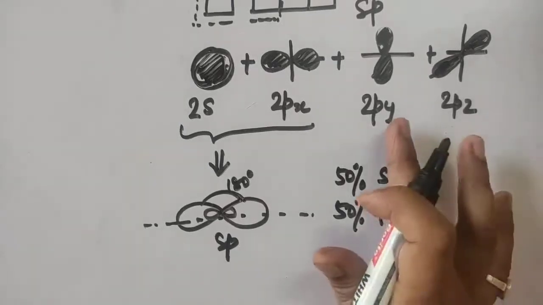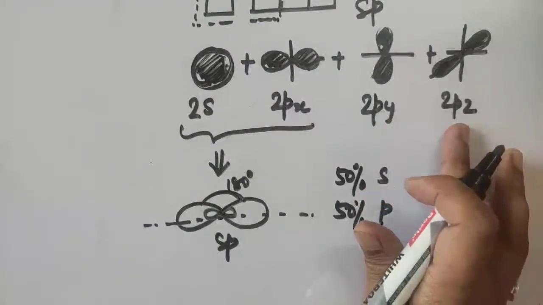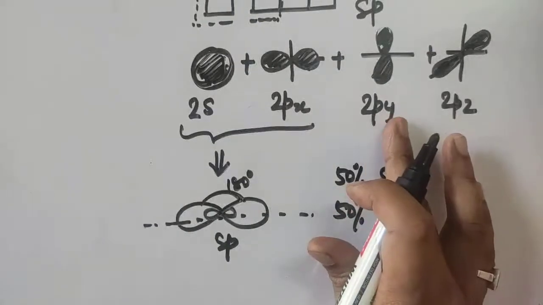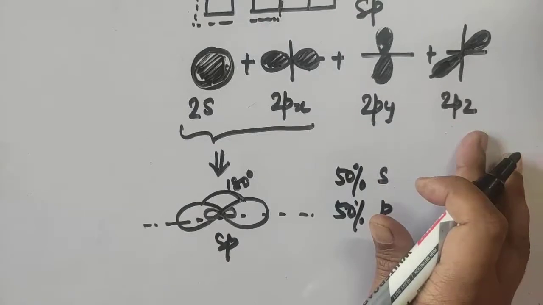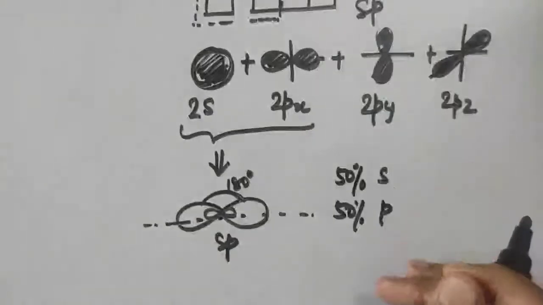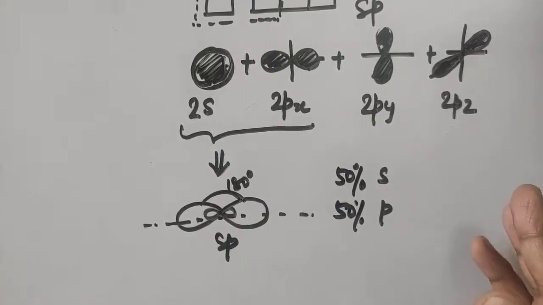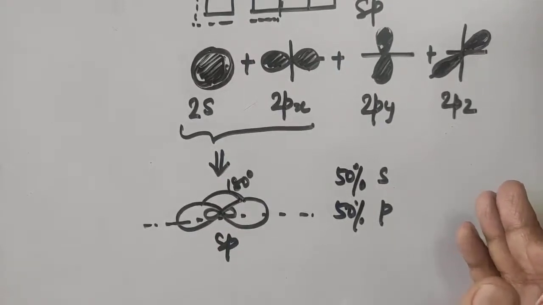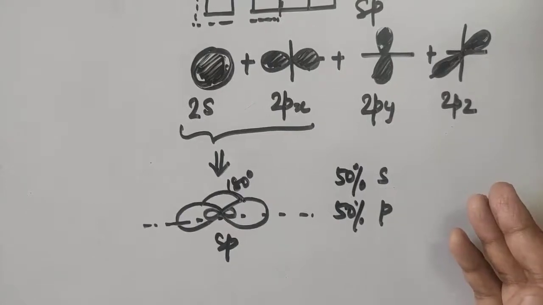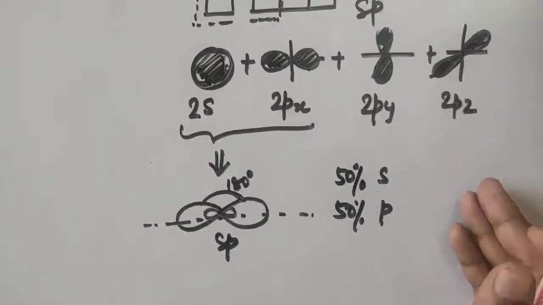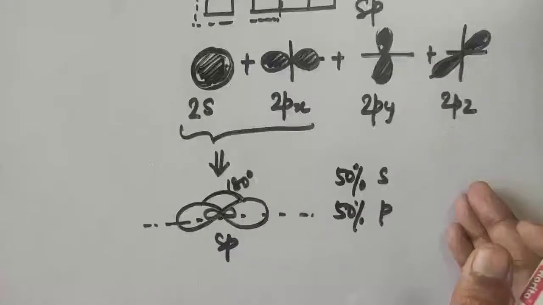The remaining two orbitals, 2py and 2pz, will not take part in hybridization and will remain as such. And if these are half filled, they may form bonds with other atoms having half filled atomic orbitals.